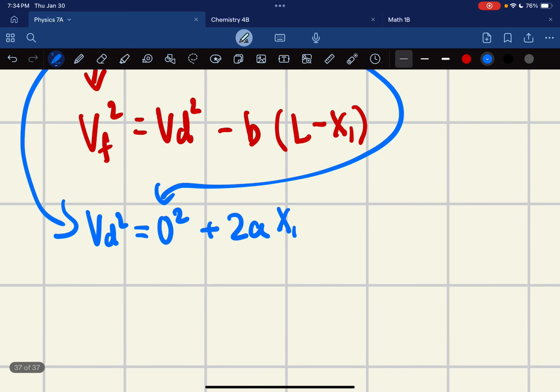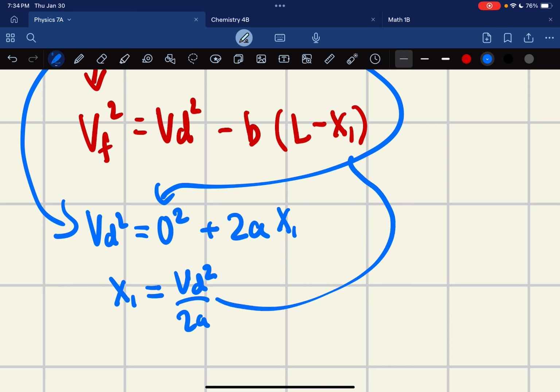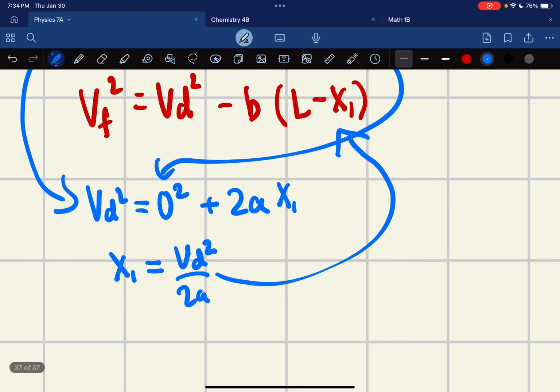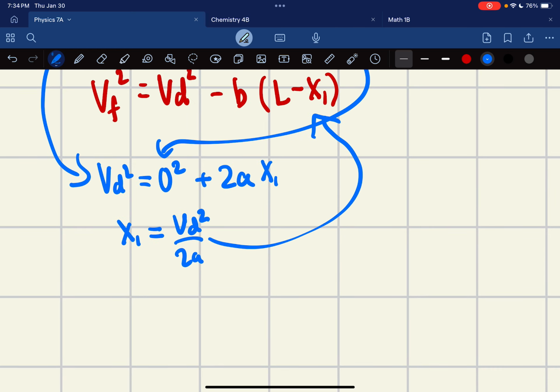Now we can resolve for x1 like we did in problem B, and we can plug this in. We're almost there. I'm going to use black now to show the final equation.